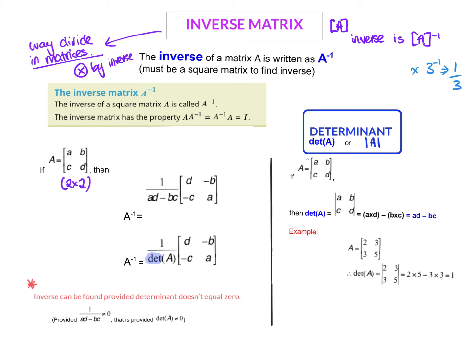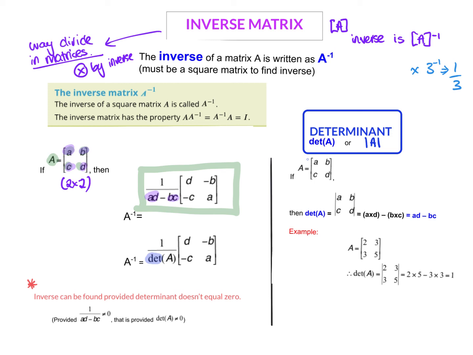So you can see here we've got matrix A, and it has 4 elements there, A, B, C and D. If you're going to find the inverse, what you're going to do is you're going to do this to the matrix. So what you have out here is this bit here. You're going to times the numbers A and D together, and you're going to subtract B times C. So that's what you're going to do outside.